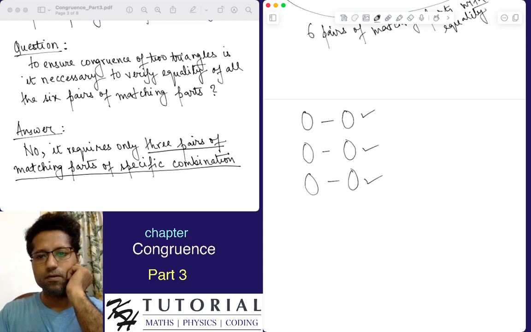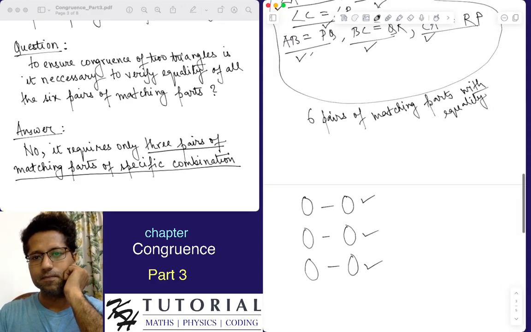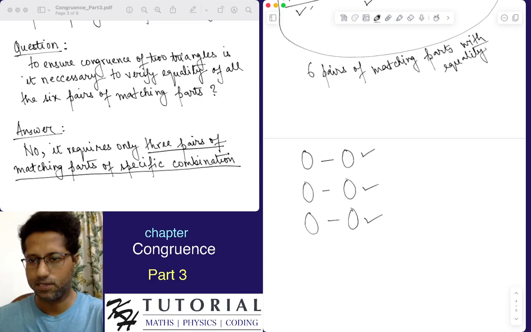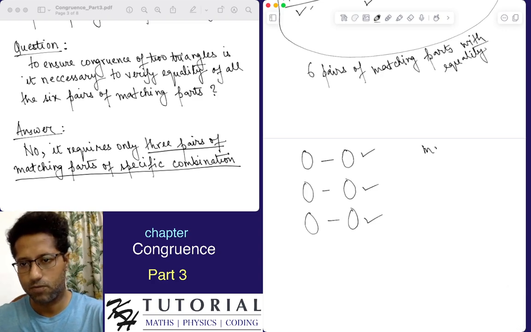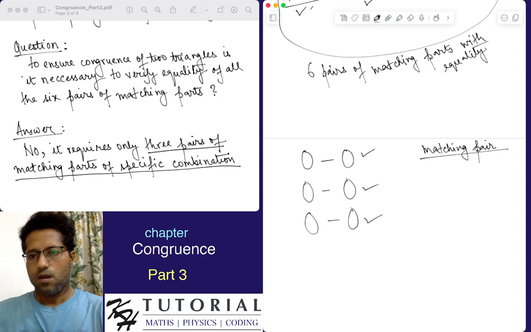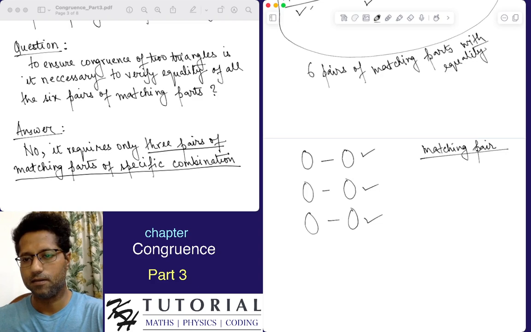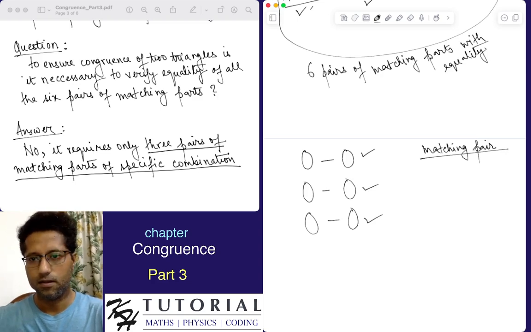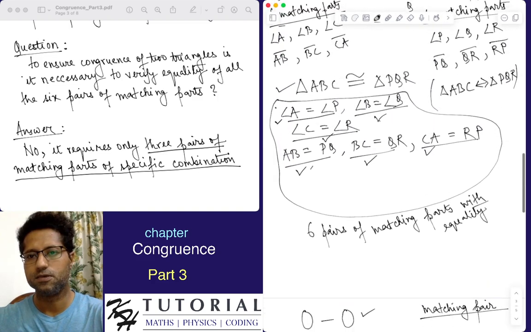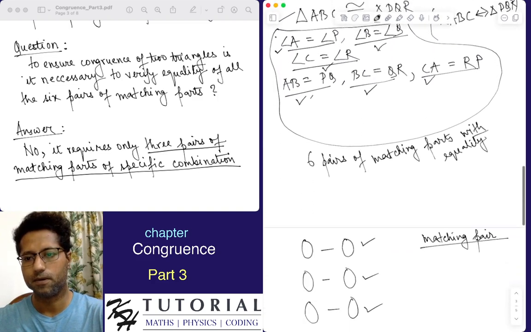Now, what can a matching pair be? This is where I will really struggle in explaining the concepts. What are the types of matching pair? Let's discuss with respect to triangles ABC and PQR.